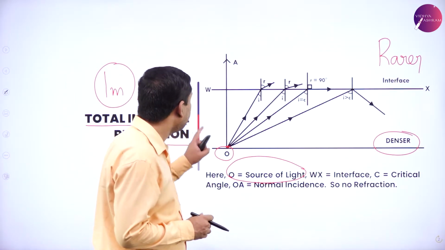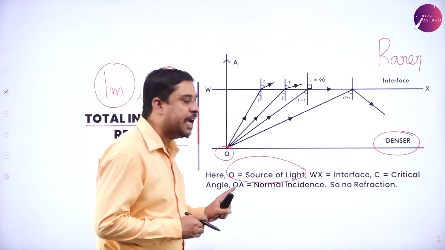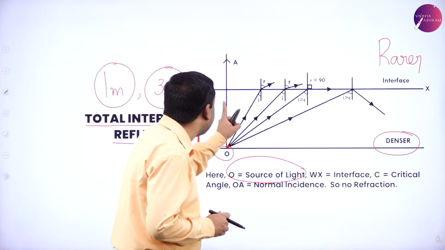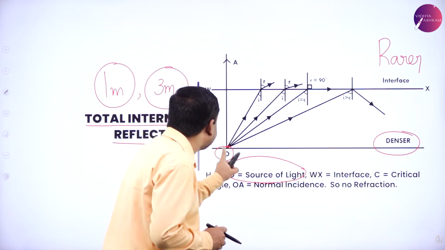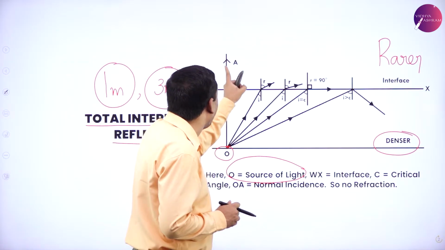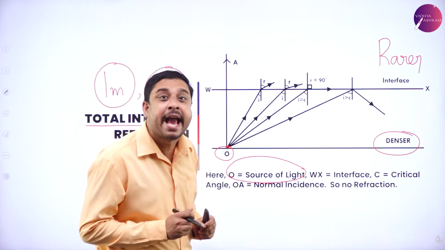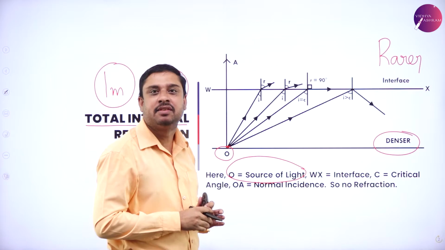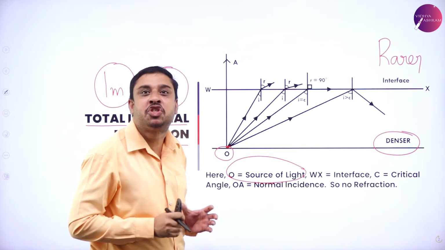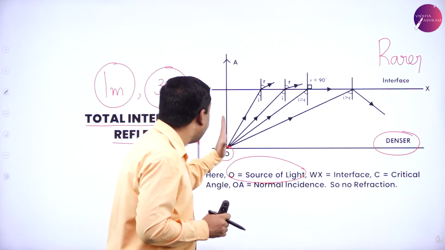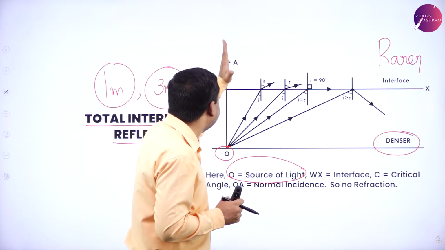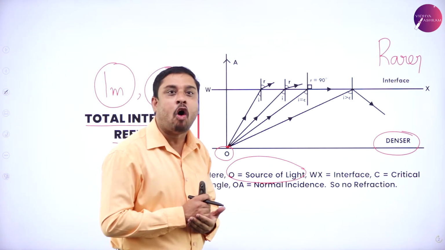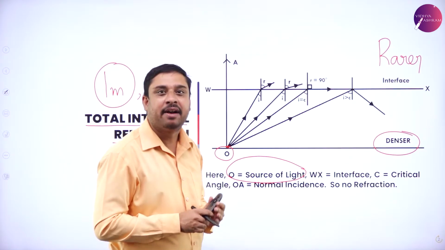Now, to begin with, a ray of light travels along OA. Please try to understand this. Initially, a ray of light is traveling along OA.